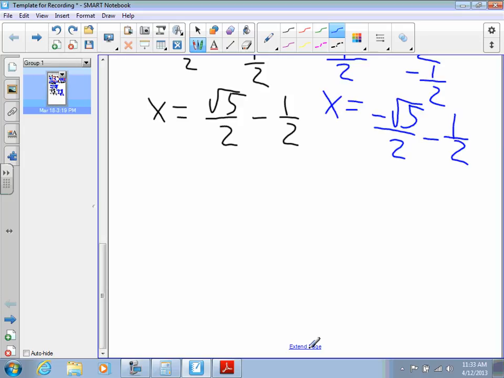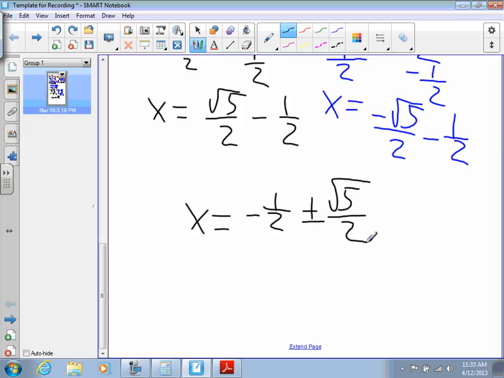But there's a simpler way to write it. x equals, and as it's this leading term that is positive one time, negative another time, I'm going to put it in the back. So I'm going to put negative 1/2 first, and then I'm going to put plus or minus the square root of 5 over 2.